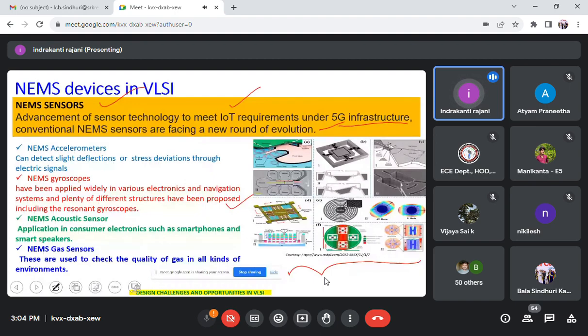These kinds of gas sensors are also used in very large devices, like a ship, an aircraft system, or a spacecraft system. These sensors are very well in use.